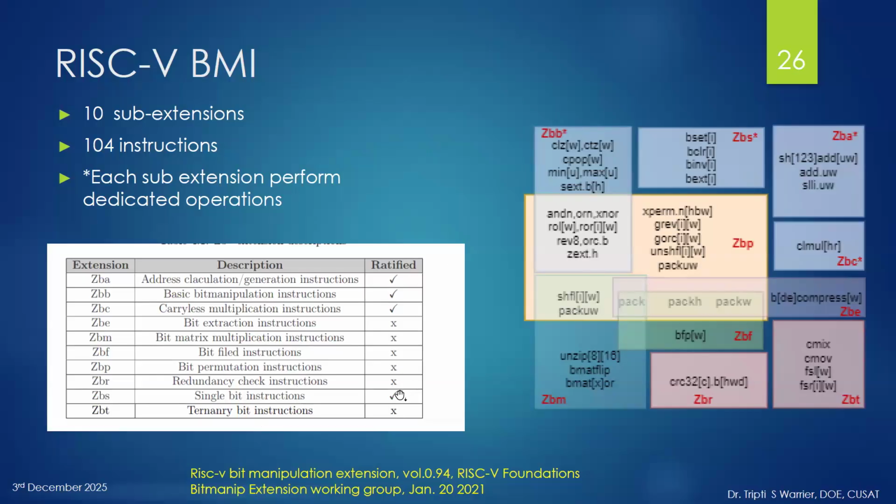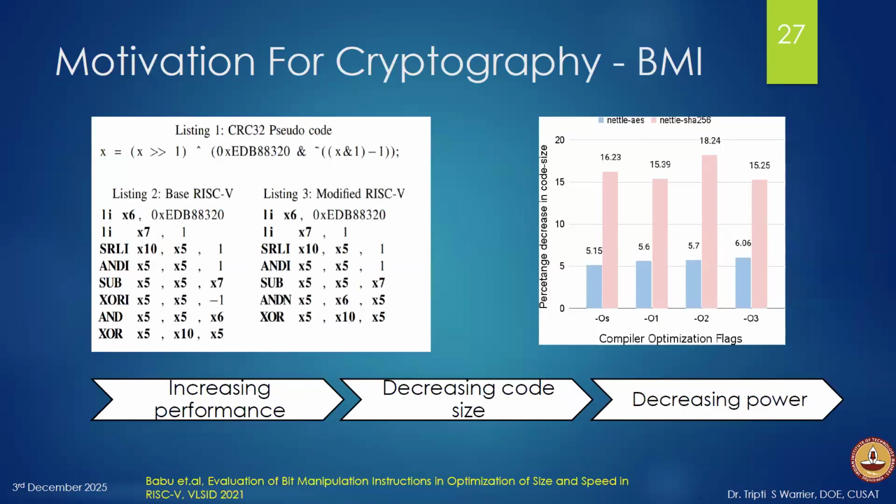So this is a snippet of the BMI, bit manipulation instruction, and here we are showing an example using CRC. On the left-hand side, it's a listing of RISC-V RV32I ISA, like previously, and on the right-hand side, I have used the bit manipulation ANDN instruction and replaced some of these instructions, and there is a reduction in one instruction here.